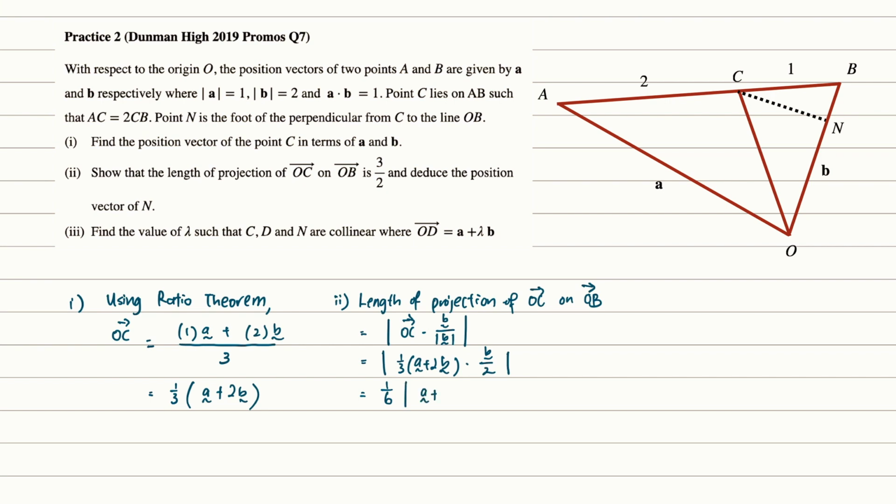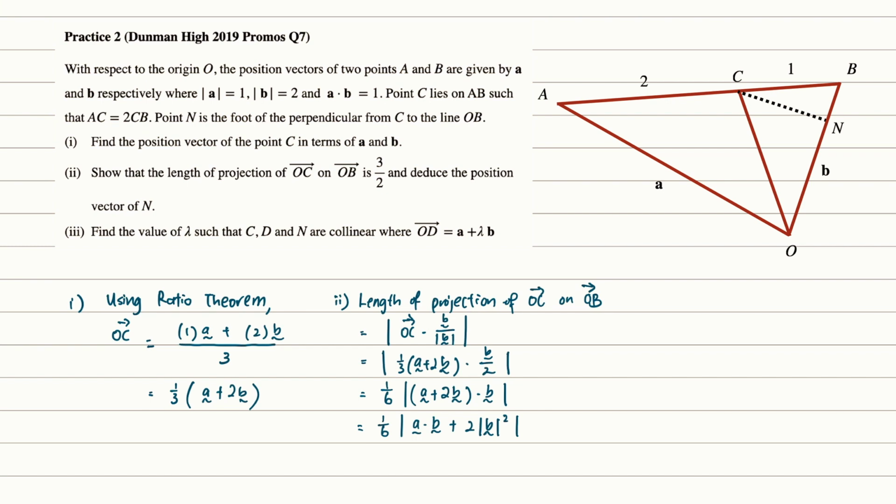Let's bring that out, and it will be multiplied with A plus 2B dot B. You see, it is much simpler to manage this expression rather than dealing with all the constant terms that is inside the modulus. So simplifying, we will then have 1/6 A dot B plus 2 modulus of B squared, because B dot B is equals to modulus of B squared.